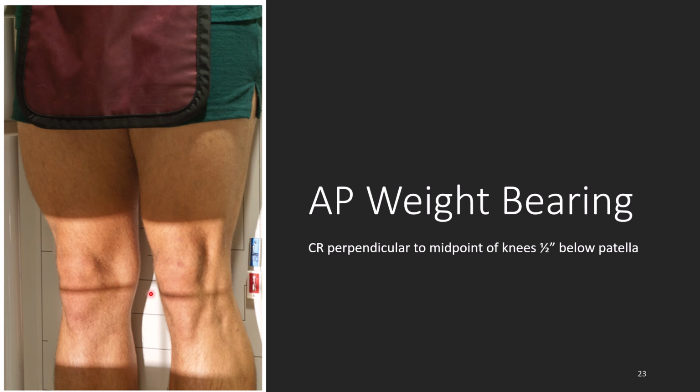You would be 40 inches, 14 by 17 landscape for bilateral weight-bearing knees. The central ray is perpendicular to the IR, midway between the joints, 1/2 inch distal to the apex. That's on page 251.